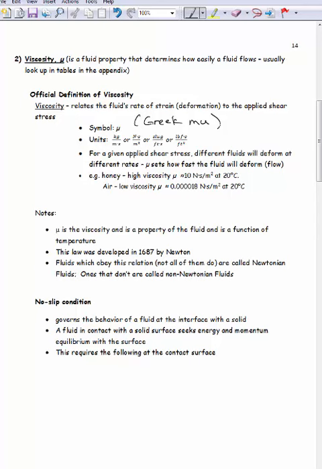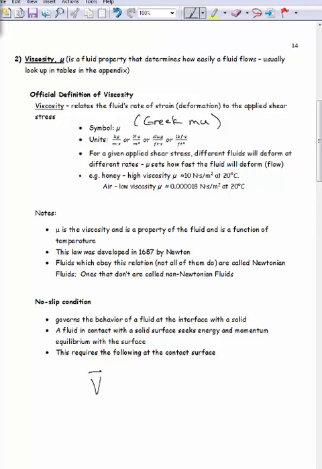Okay, so something else that's associated with viscosity is something called the no-slip condition, and this is very important in fluid mechanics. And basically what it is at a surface, the velocity infinitesimally close to that surface, right next to the surface, the velocity of the fluid has to be the same as the velocity of the surface.